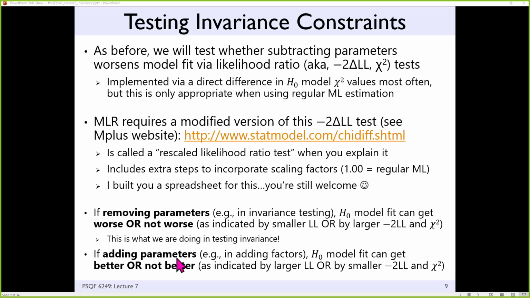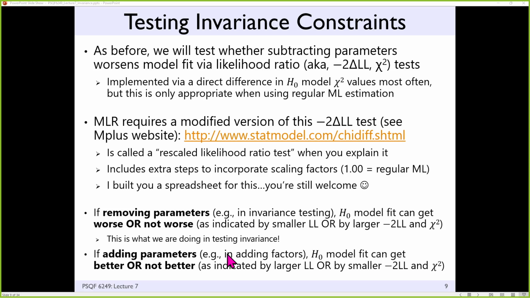That's very different than what we're doing most of the time in building a factor model, which is adding things. So if you start with what you thought is a one-factor model and it looks like it should be two, you are adding a factor covariance. And so then your test statistic is going to tell you whether that addition makes it significantly better or not better.